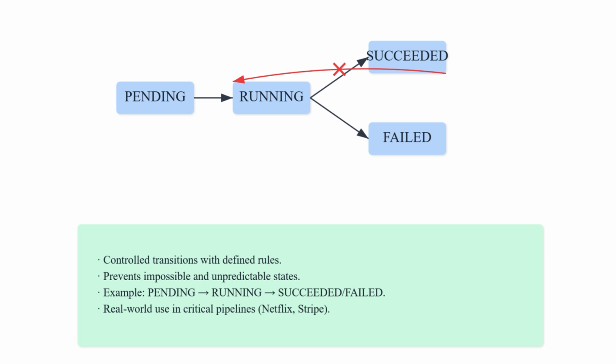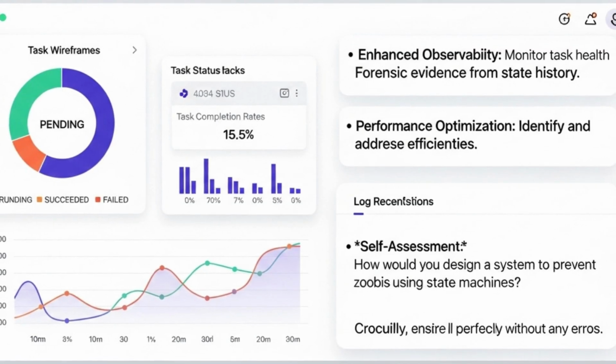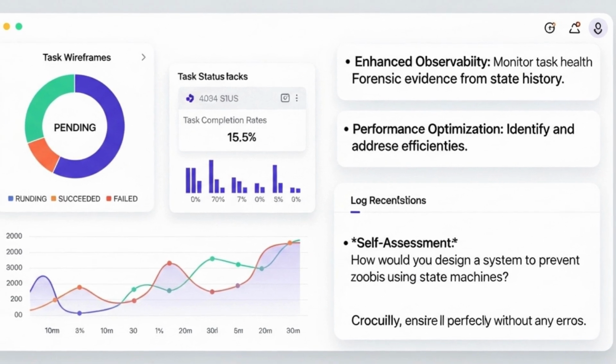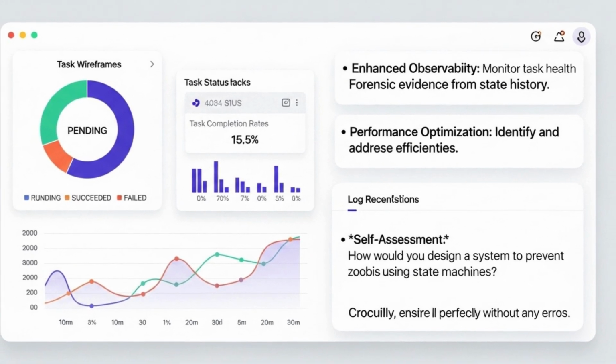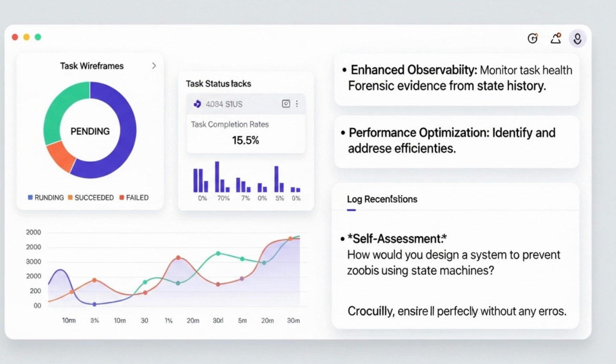Adopting a state machine approach for task statuses brings profound benefits to your system design. First, it dramatically enhances observability. With clearly defined states, you can instantly monitor how many tasks are stuck in a running state, indicating potential zombie tasks, or track the average time tasks spend in each state, identifying bottlenecks.